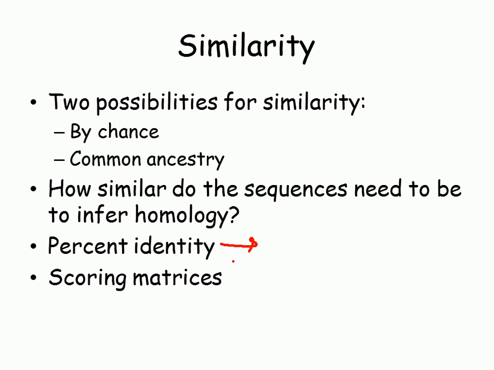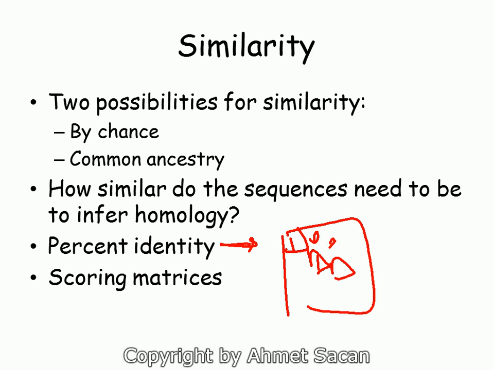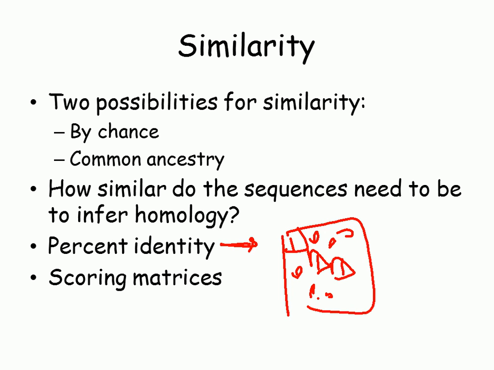So percent identity is essentially a scoring matrix where the diagonals are 1 and off diagonals are 0. Anything that is identical, you consider compatible, and anything that's not identical is not compatible. So that's what the percent identity reports.